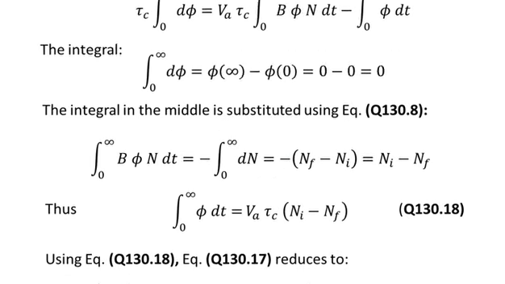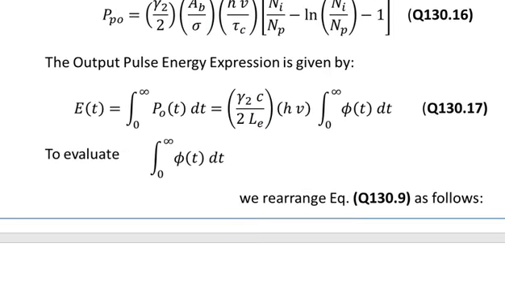And you see that this is given by equation number 17. But we have to evaluate the value of this expression, that is the integral of phi of t dt. To evaluate this integral, we arrange equation number 9 in the following form. Because in equation number 9, we have phi of t. So let me show you equation number 9 again.